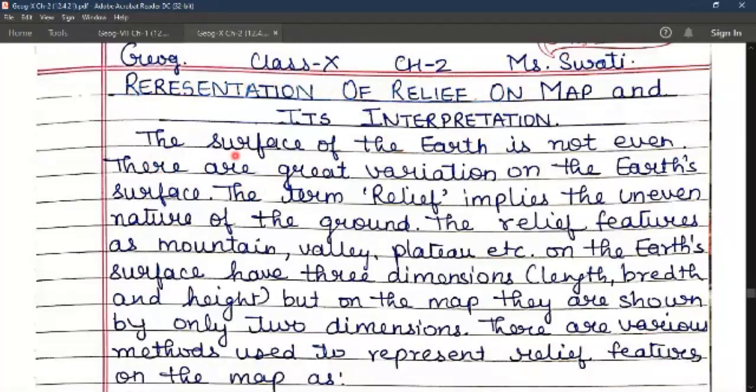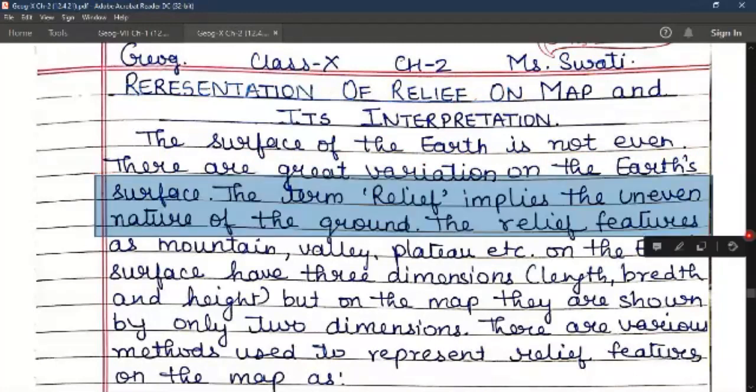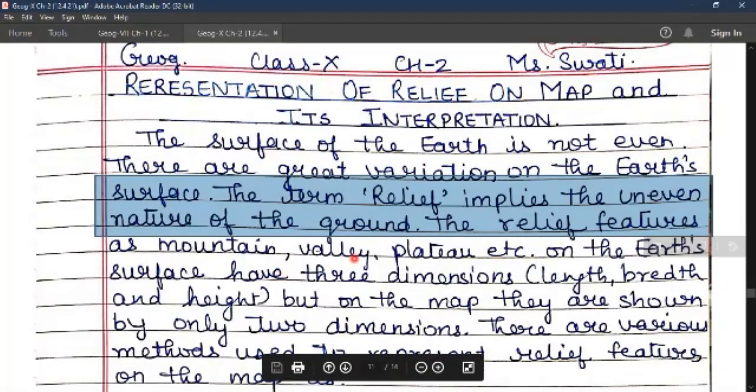As you know, the surface of the earth is not even. There are great variations on the earth's surface. The term relief implies the uneven nature of the ground. The relief features such as mountains, valleys, plateaus, etc.